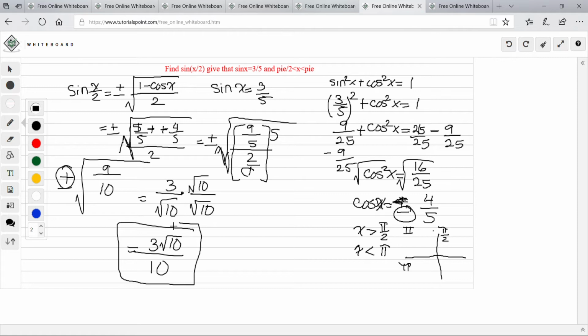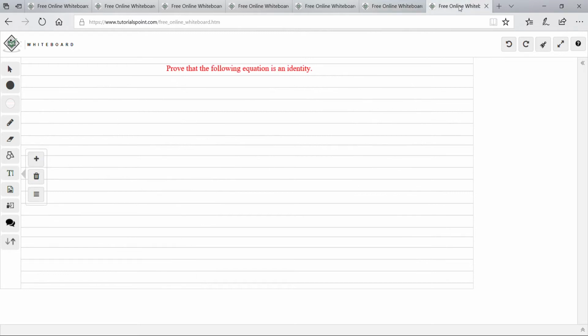That was example 6. So it says here we got to prove that the following equation is an identity.